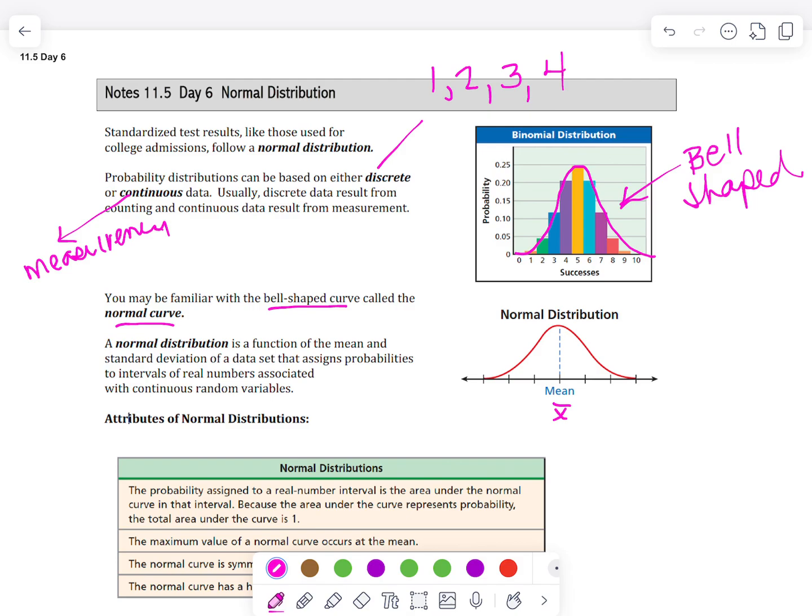And then it has standard deviation of 1, 2, and 3 positive. So that's plus 1, plus 2, plus 3 standard deviations. And then in the negatives, it'll be minus 1, minus 2, and minus 3.